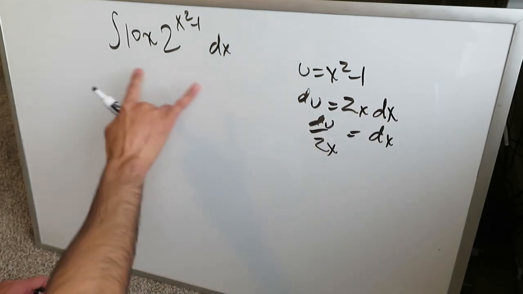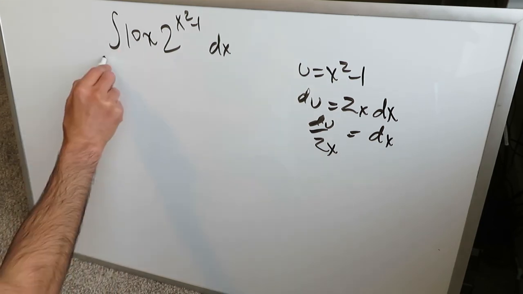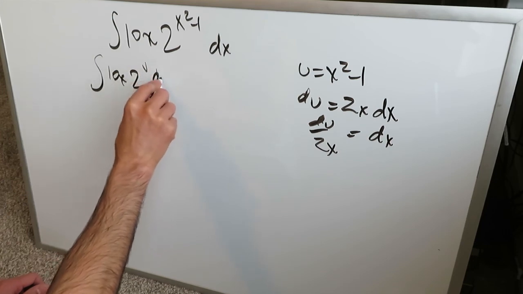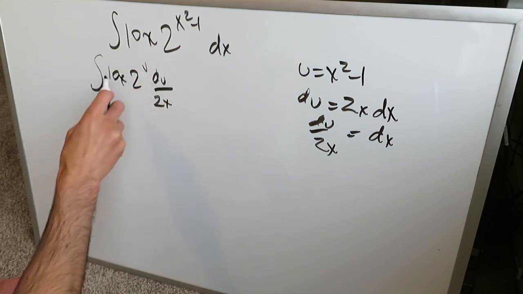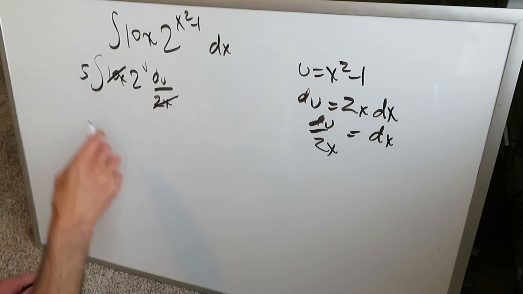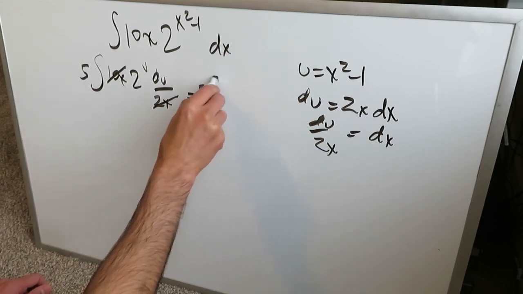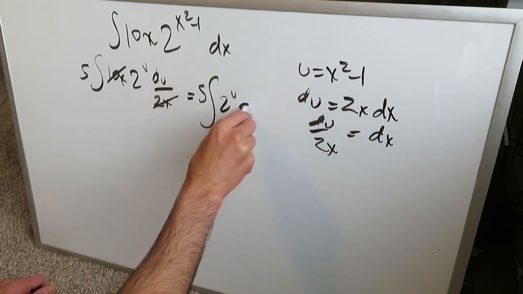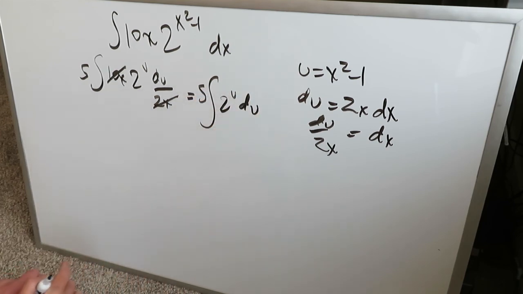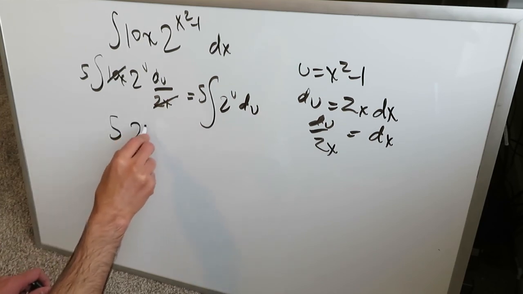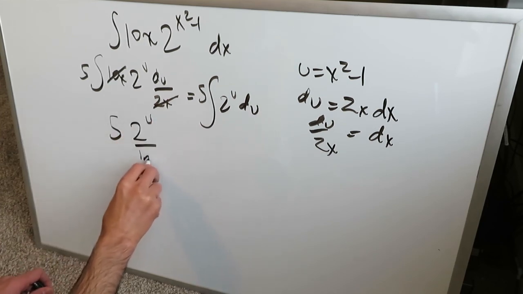You have your two substitutions which will come right over here. You have 10x, 2 to the power of u, and you have du divided by 2x. This 10x and 2x can cancel out such that you can end up with a 5 right out here. So you end up with a 5 and the integral sign 2 to the power of u du, and you know a simple integration of this will lead you to 5 times 2 to the power of u over natural log 2.